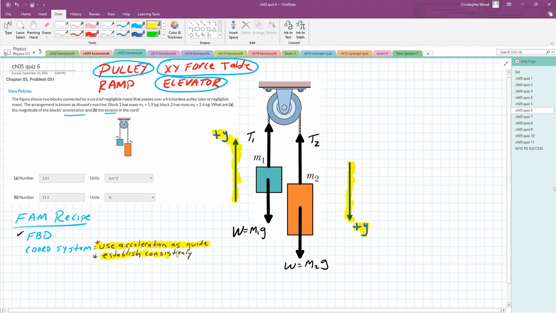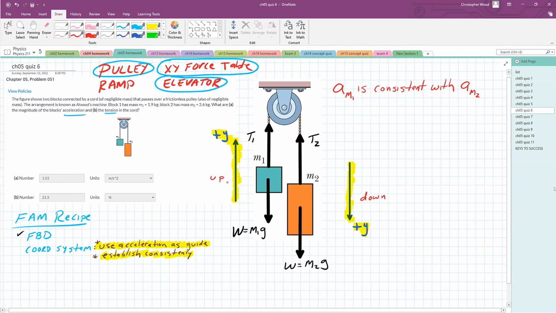Yes, because if mass 2 is accelerating downward, then mass 1 has to be accelerating upward.